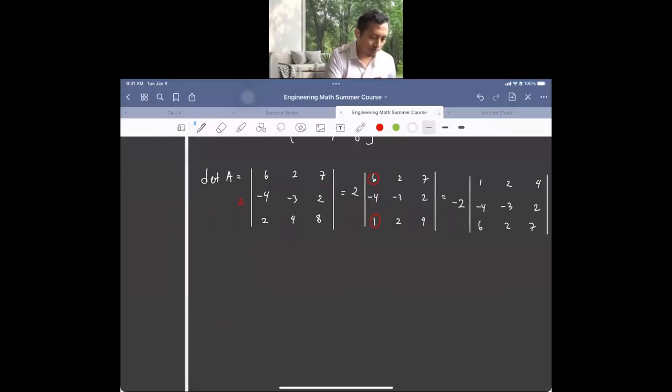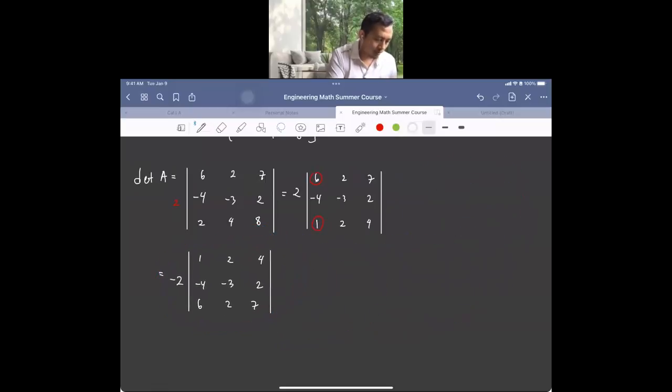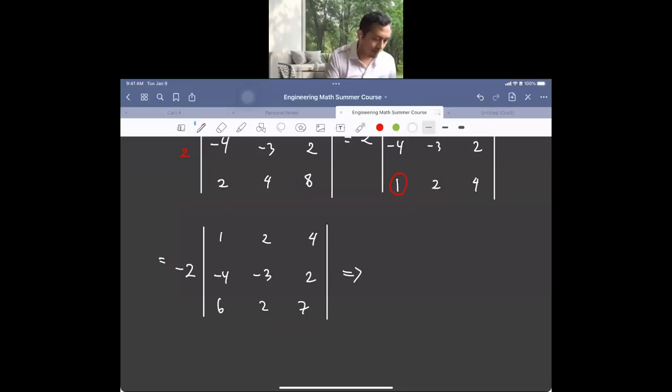Maybe let me write this part here to make it easy. My idea is to get this to be 0. So for row 1, we add to the second row, so negative 2 times the first row.